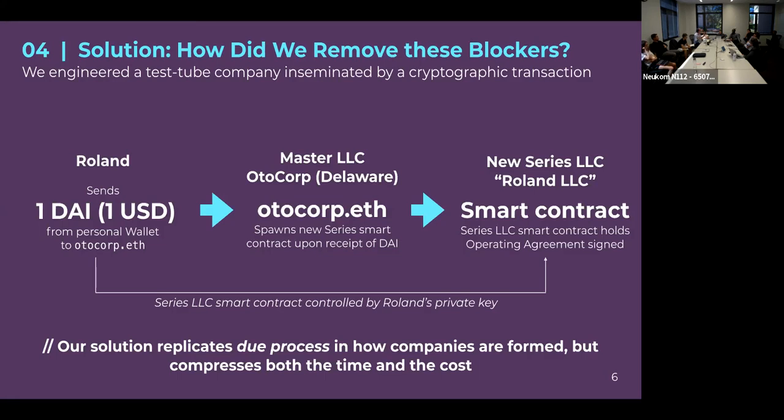So we are just following due process. We are not doing anything that somehow upsets the apple cart or pushes the boundaries of the law. We're just seeing what is the analog process, which is that travel agent, and how can we compress this in time and cost? You insert technology in replicating the due process.